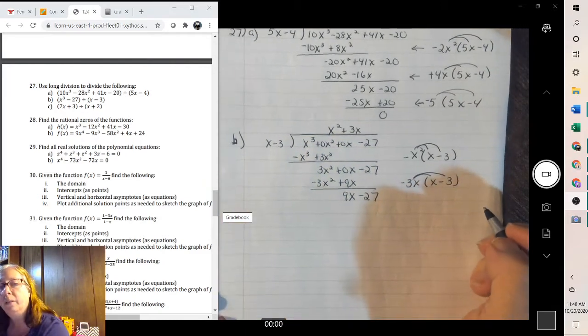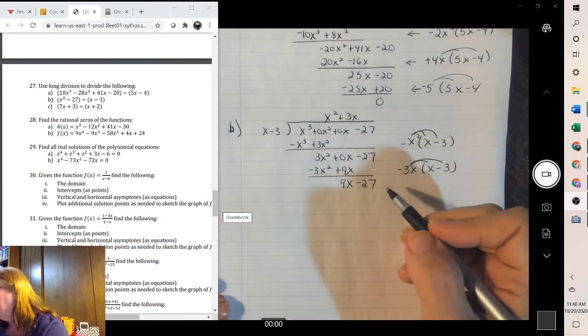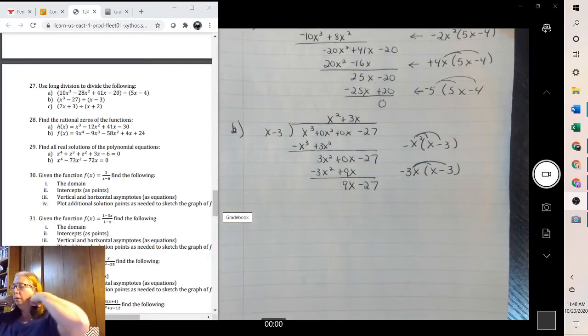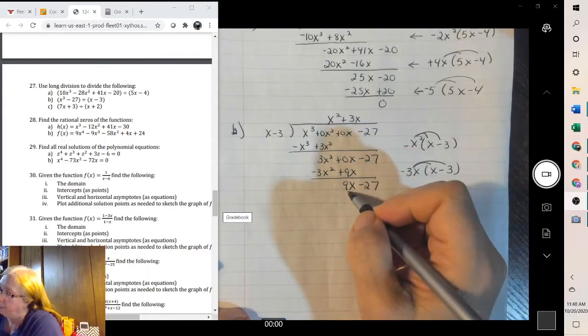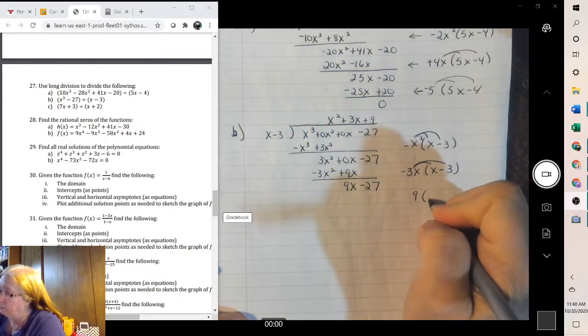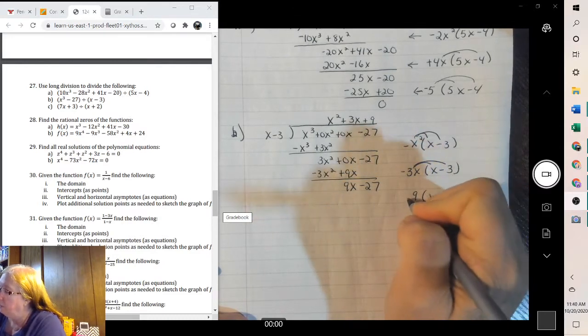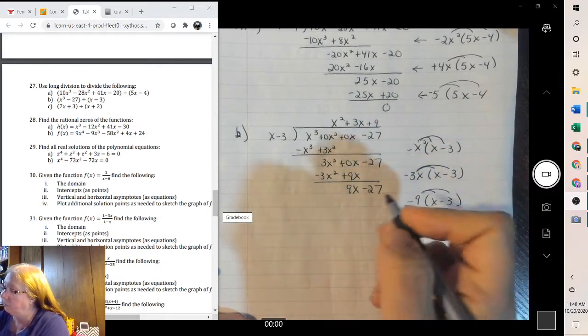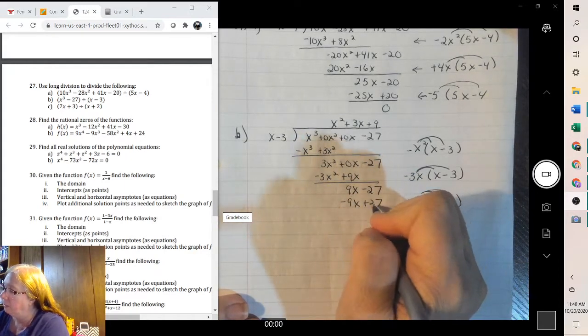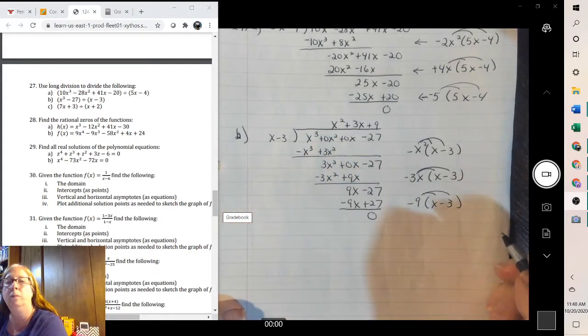And then bring my numbers down. Once I do that one, then I can go, I need a 9. 9 times x minus 3. Change my sign and then distribute. Negative 9x plus 27, another remainder of 0.